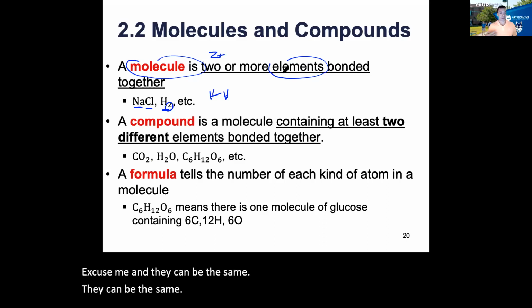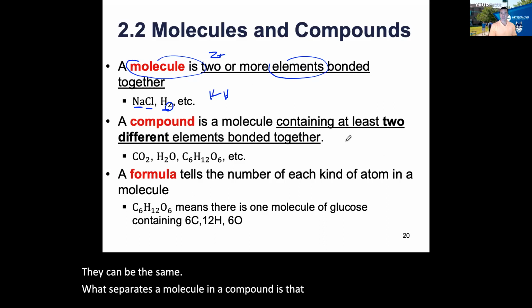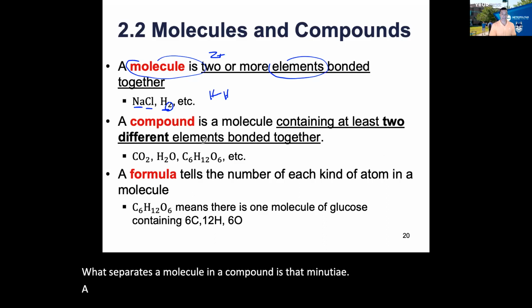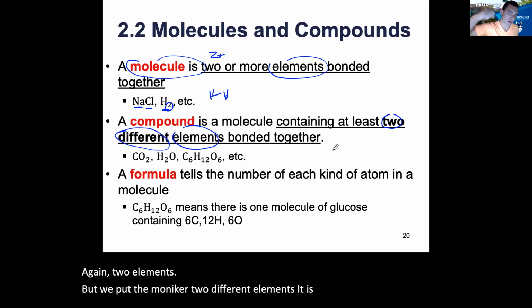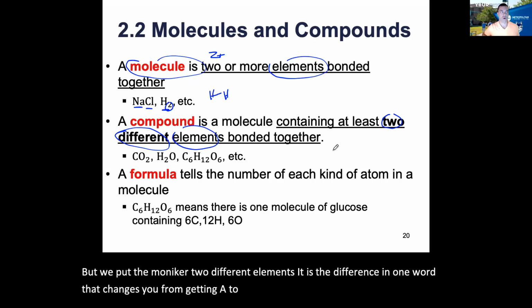What separates a molecule and a compound is that minutia. A compound contains at least 2 elements, but we add the moniker 2 different elements. It is the difference in one word that changes you from getting an A to a B, or an A to a C.